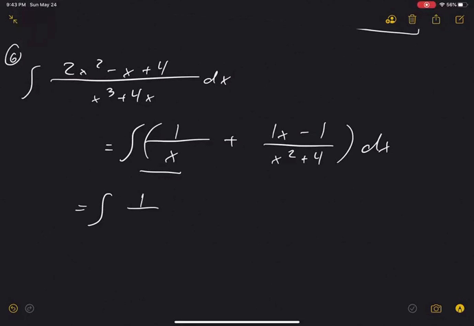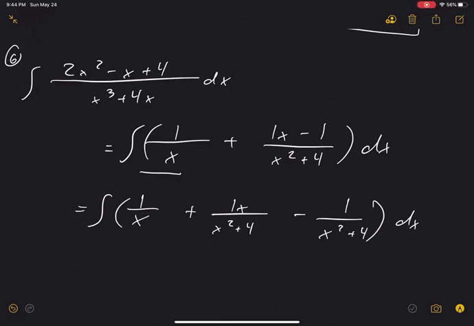this second piece, let's split it up as x over x squared plus 4 minus 1 over x squared plus 4. Okay, there's nothing wrong with that. That's just splitting up. I'm not breaking any rules by splitting it up like that.